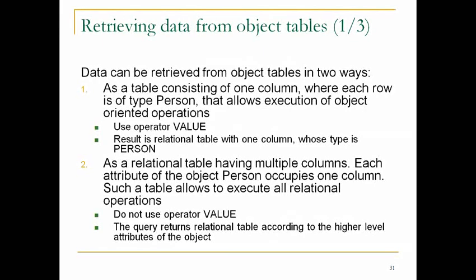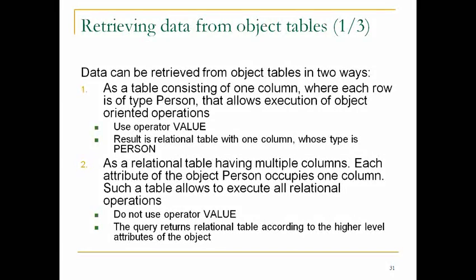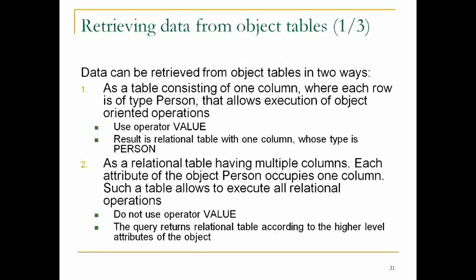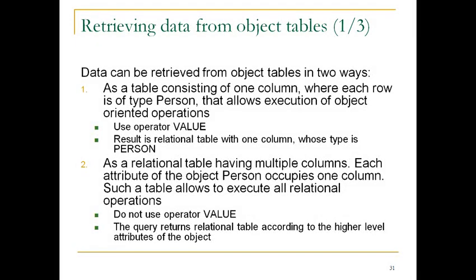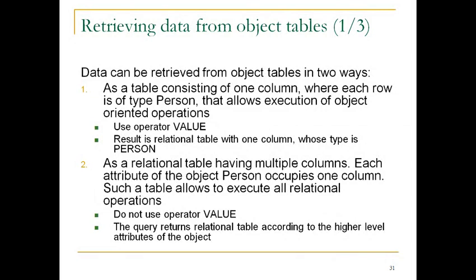If we want to retrieve whole objects, so all data together with methods, allowing us to execute the methods of objects and so on, or to work with them in the object-oriented way, then we have to use this operator value. And we'll have the value of the object.